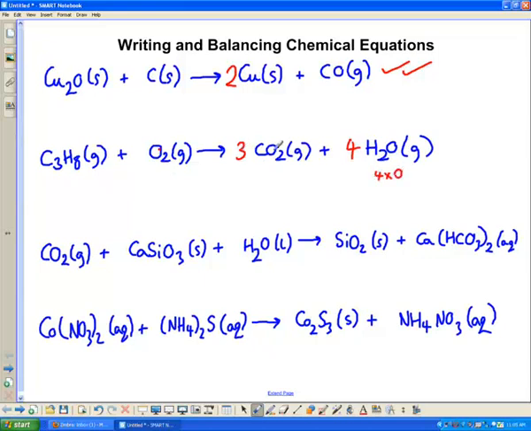I've got not 3 oxygens here, but 6 oxygens here, because you remember each CO2 has 2 oxygens, so therefore that's 6, for a total of 10 oxygen atoms. In one oxygen molecule, there are 2 oxygen atoms, therefore I'm going to need a total of 5 of these, not 10. All right. So 6 oxygens, 10 oxygens, 10 oxygens. So everything is balanced. All right. So let's go down to the next one.